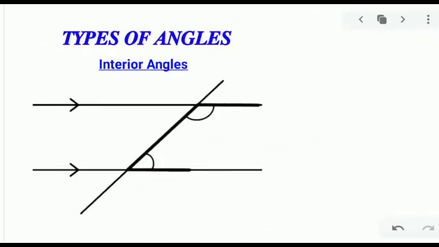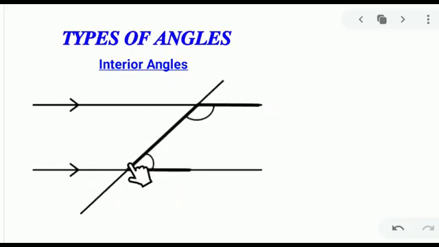Now, another type of angle that we have to discuss are the interior angles. The interior angles are angles which are present between two parallel lines, like this angle. And the surprising part is that they add up to 180. So this angle and this angle are not equal, but they add up to 180.